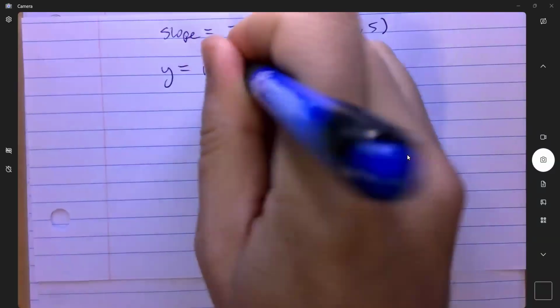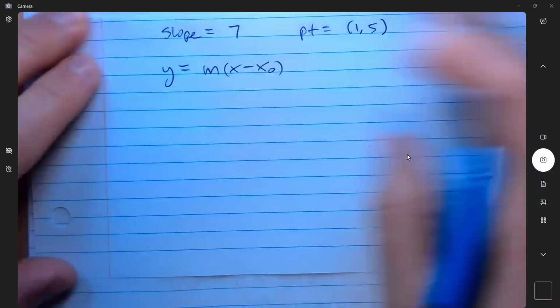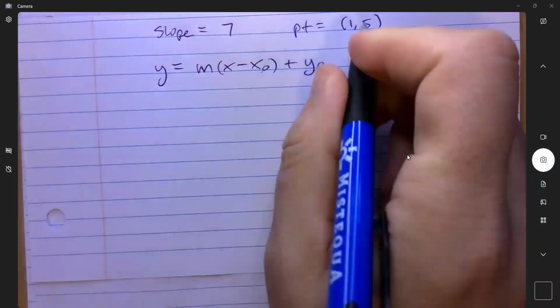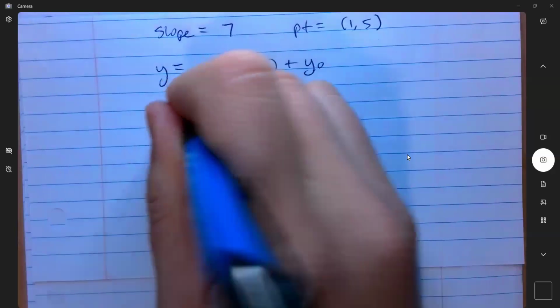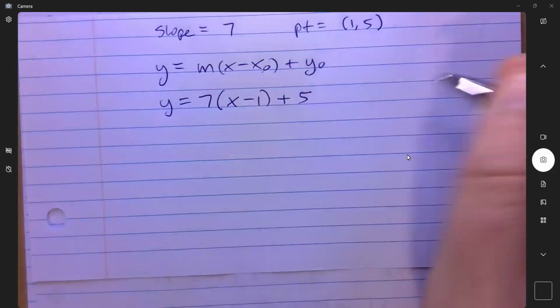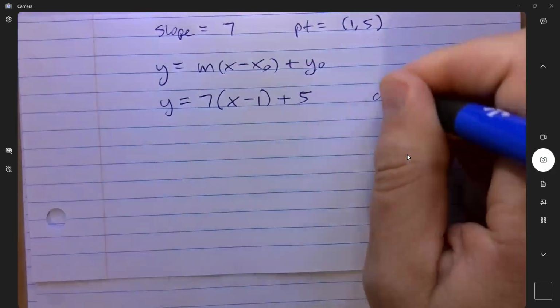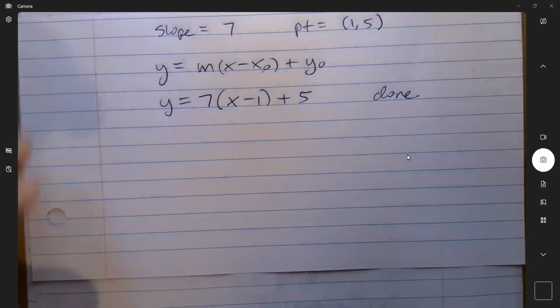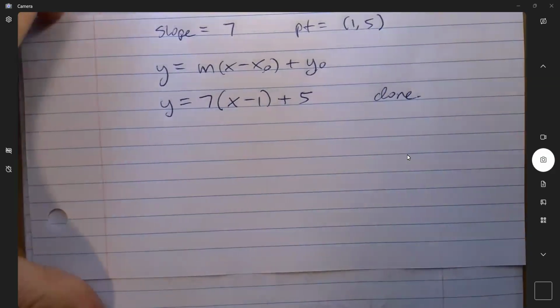It's m times x minus x naught, then plus y naught. x naught and y naught are 1 and 2. So I get y equals 7 times x minus 1, then plus 2. So this is also an equation of that line. Doesn't take as much work to get, but if you ask me, it's harder to understand what I'm looking at. So I still recommend slope-intercept form. All right, that's parallel lines.